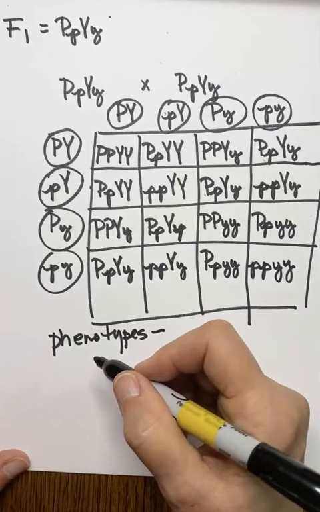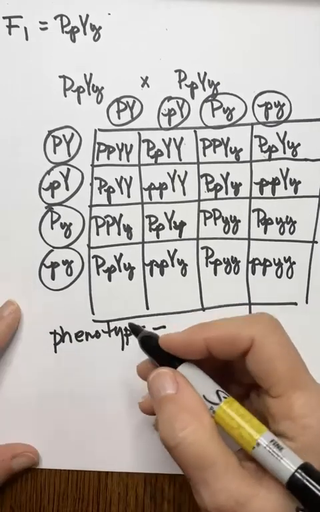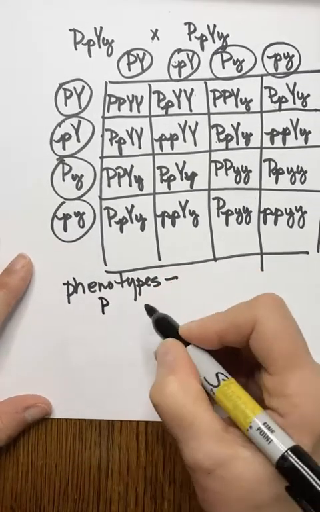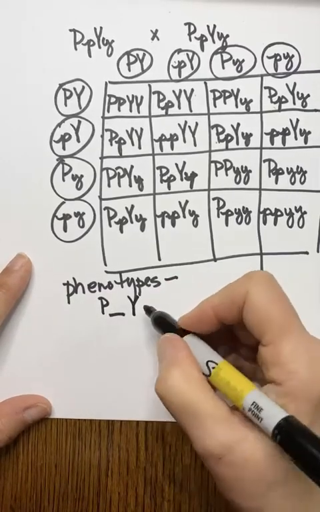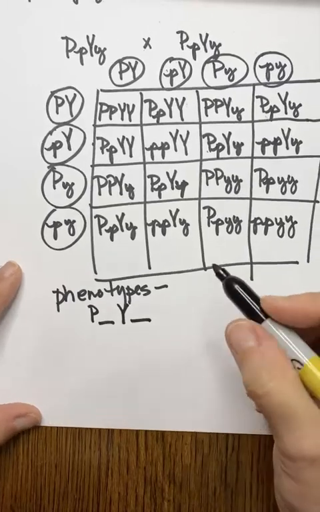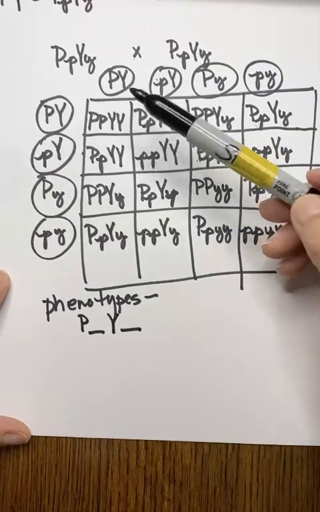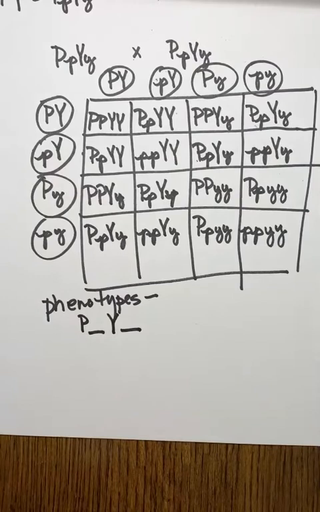Let's say the two dominant traits. So you got to have a capital P, which is purple stem, and anything else, and a capital Y, which is dark leaf, and anything else. So let's count how many we have. Wait a second, let me get a different marker so we can keep track of this.